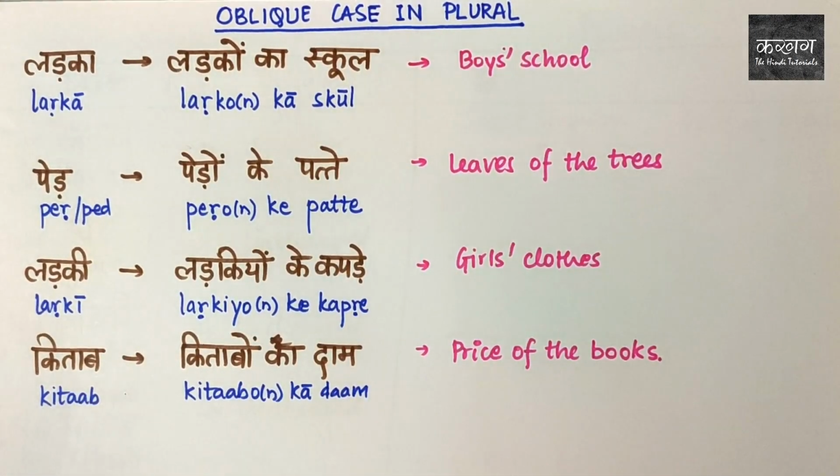Another good news is that in case of plurals, the oblique case has a uniform pattern for all types of words.